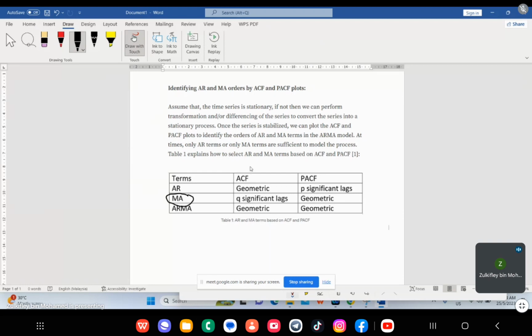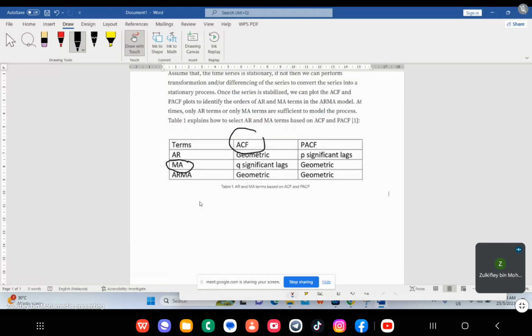Kita drawkan ACF function, kita plotkan ACF function tadi. Ini sebenarnya sebelum ni katakan anda tidak tahu macam mana equation dia. We do not know the equation. We know only the general function.